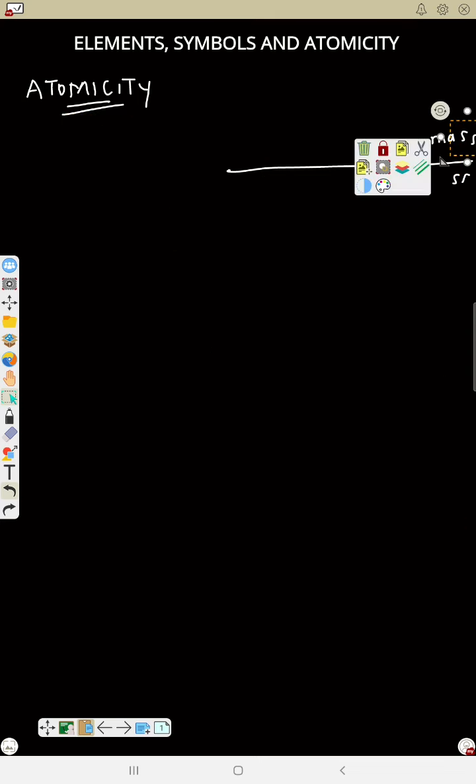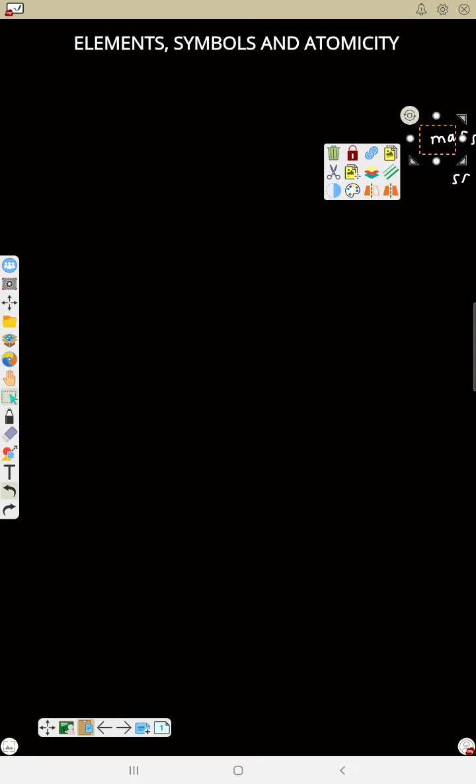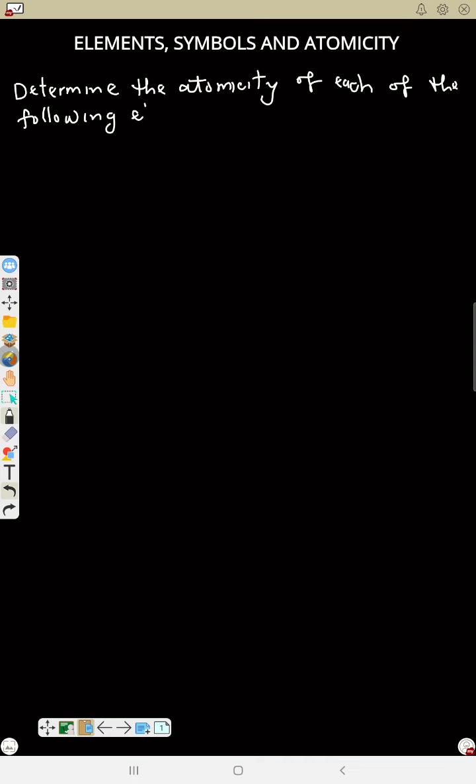A, an element with relative molecular mass of 160 and relative atomic mass of 80.